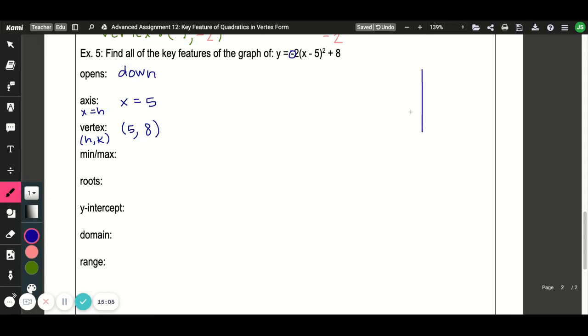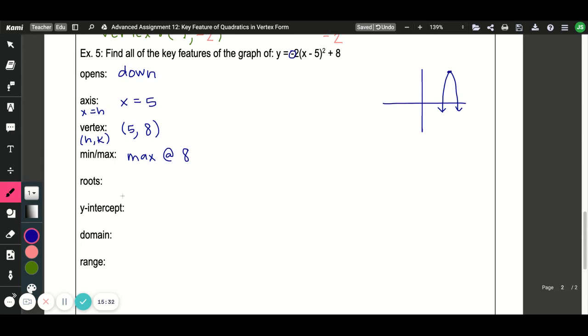So just like we did before, I'm going to sketch a graph. So (5, 8), say, is right there, and we know it opens down, just to help us answer some of the other questions. So this graph, since it opens down, it has a maximum. And that maximum, what is that highest point? That highest point was up here at 8.